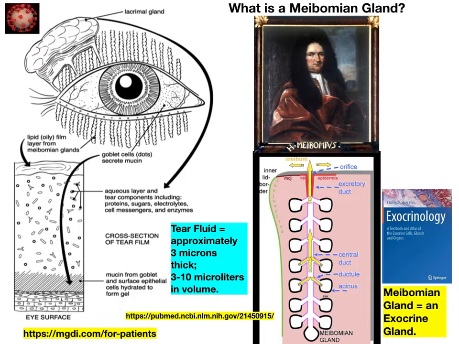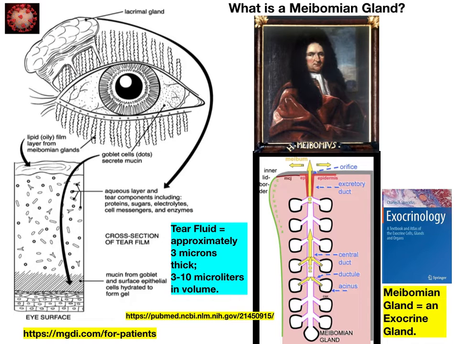Again, these are the tubular exocrine glands that are aligned vertically in the upper and lower eyelid. They secrete the oily substance that mixes with tear fluid. The ports of the meibomian glands are along the rims of the eyelids.